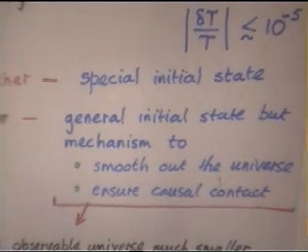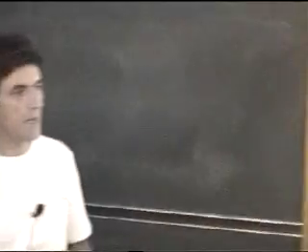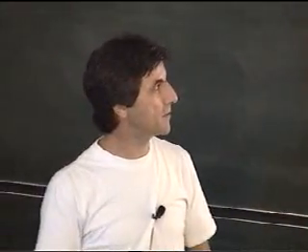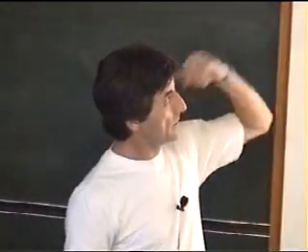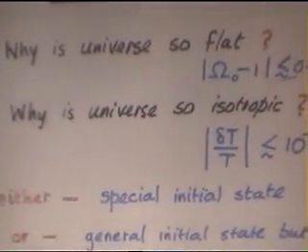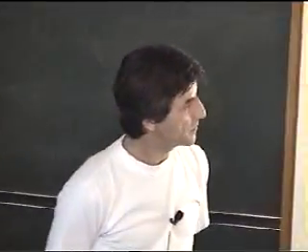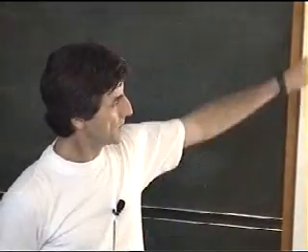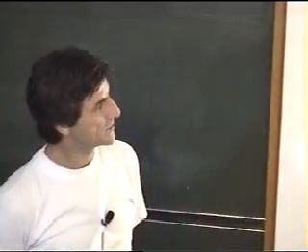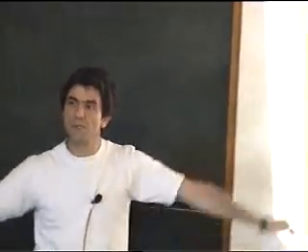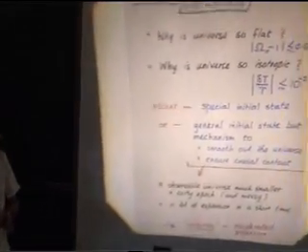Can we find a mechanism which will take us from that initial chaotic or messy state and, on one hand, smooth out the universe so as to explain why it's so flat by making it appear smooth and flat, and on the other hand, at the same time, hopefully, to establish some means of causal contact between these regions which appear to be so vastly separated from each other today.